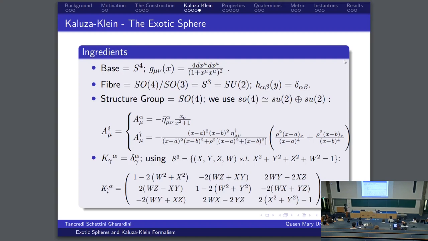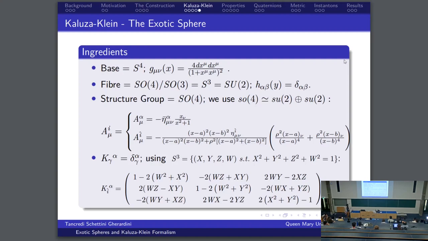So you can split the index into one field, which I'm just going to take as the anti-self-dual instanton, and the other field, which is much less common to see, is the k equals 2 instanton. Why did I choose these 2? Because to reproduce the exotic spheres, if you remember, we had 2 integers, h and l. One was -1, the other one was 2. And these are exactly the winding numbers of these objects. So these are the key objects that define the right twisting on the fiber.